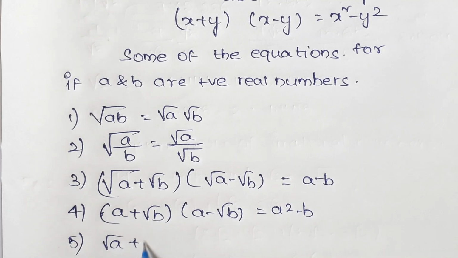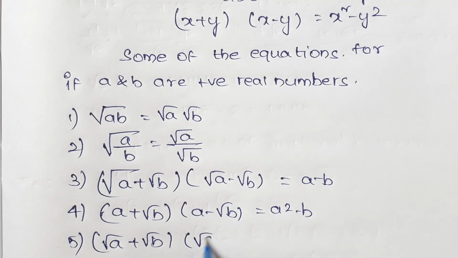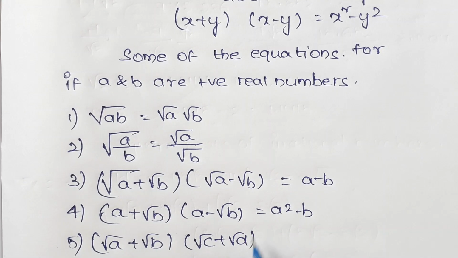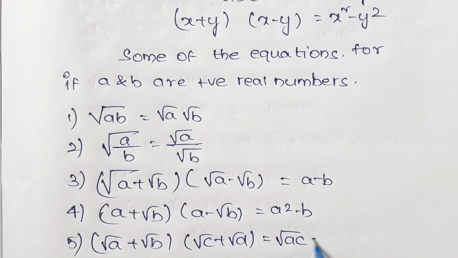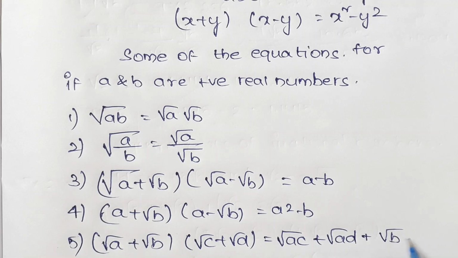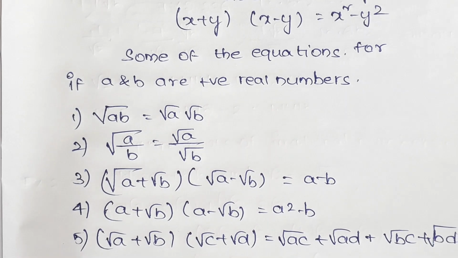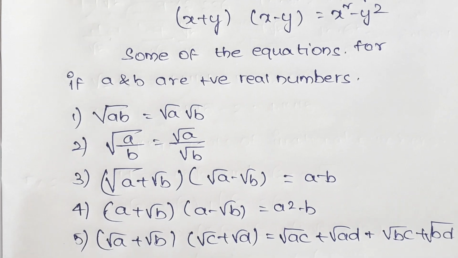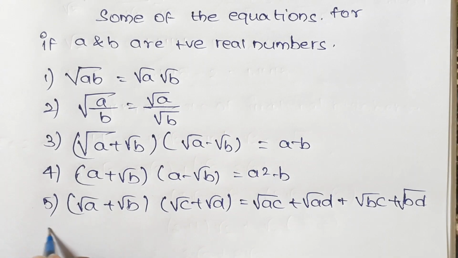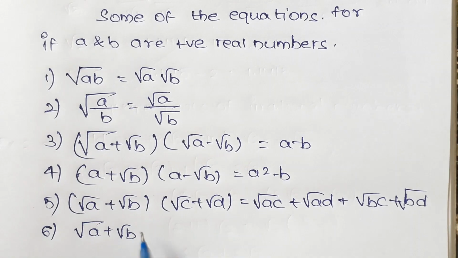(Root A plus root B) into (root C plus root D). It is the multiplication, and from this we get root AC plus root AD plus root BC plus root BD. And another one, that is (root A plus root B) whole square.